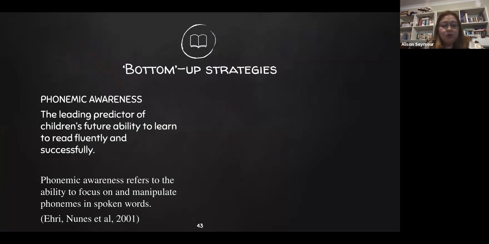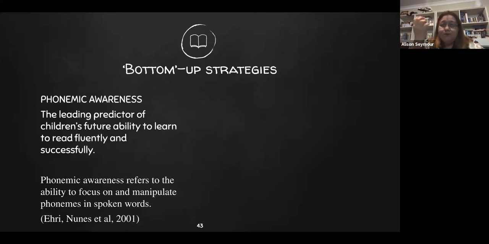So phonemic awareness, what is it? It's been called the leading predictor of children's future ability to learn to read fluently and successfully. And this is the ability to focus on, to hear and manipulate phonemes in spoken words.